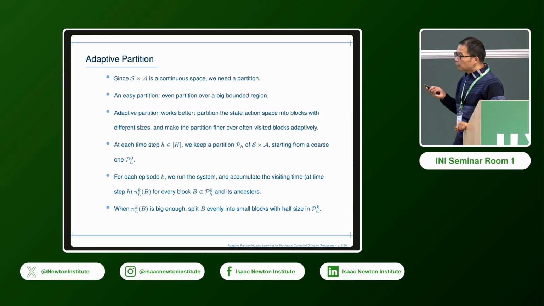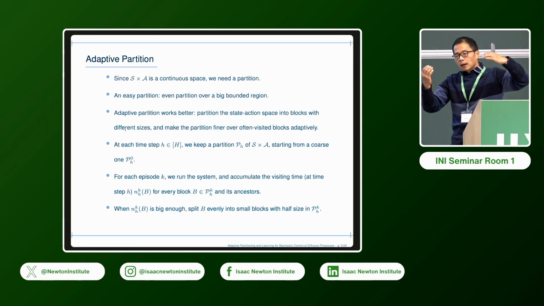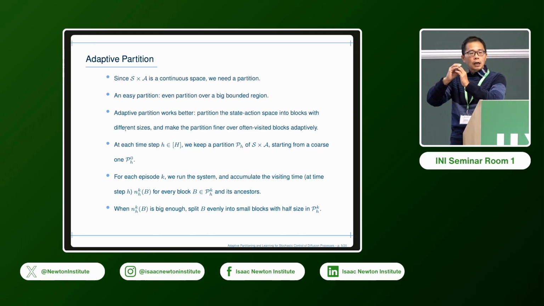But this visitation count is not just the accurate number of times our state process visited this block; we also need to collect the information of its ancestors, because we are partitioning the blocks finer and finer, so we need more information to estimate our Q function or value functions.